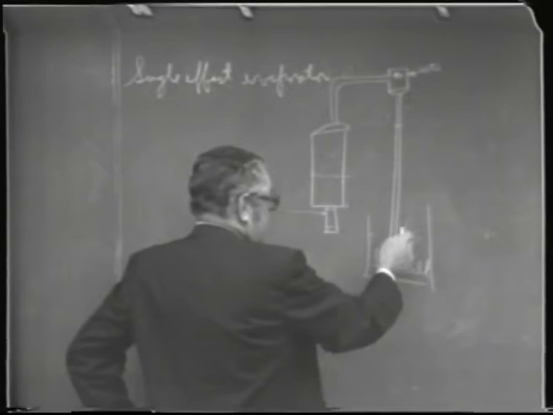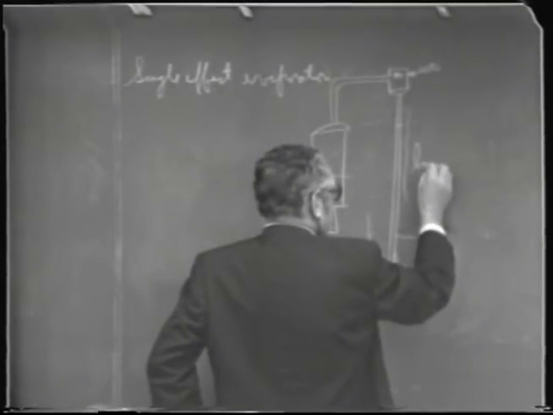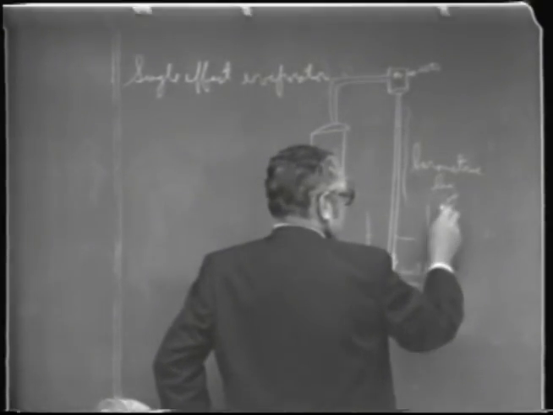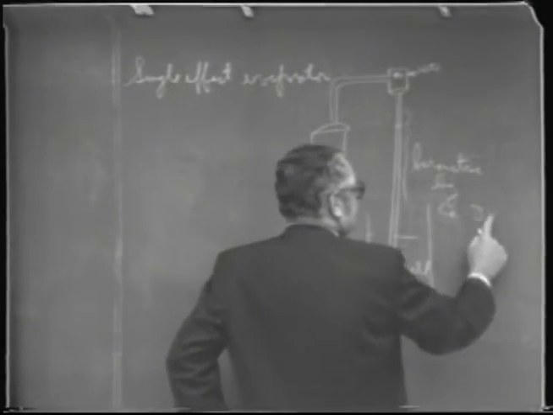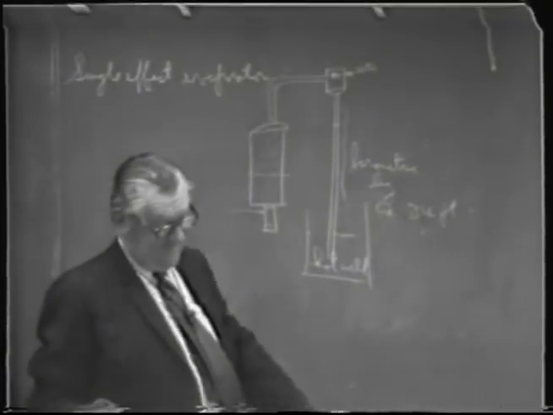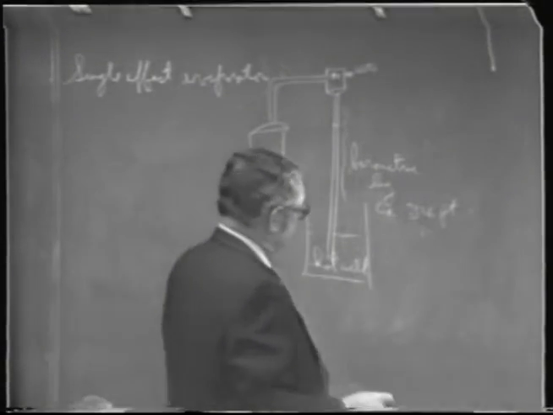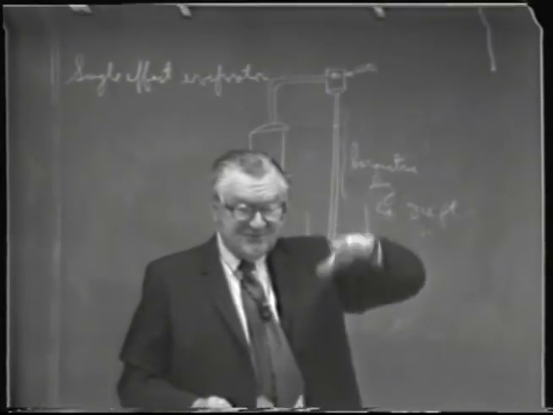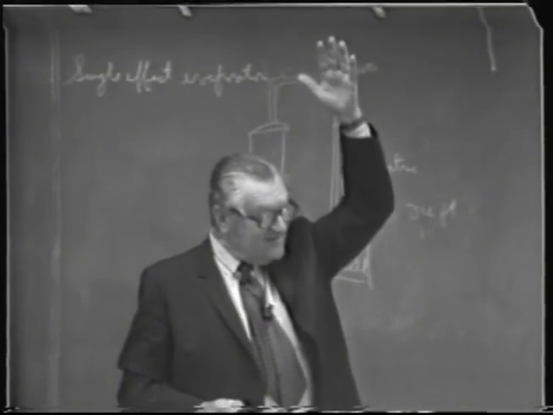And if you don't have some pumping arrangement here, well then this section here is called the barometric leg. It has to be around 34 feet above the liquid level if you want to get anywhere near a low vacuum, because the pressure of the atmosphere is sufficient to push up a column of water to 34 feet.